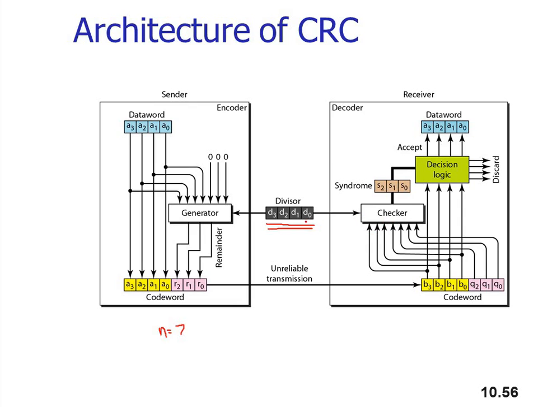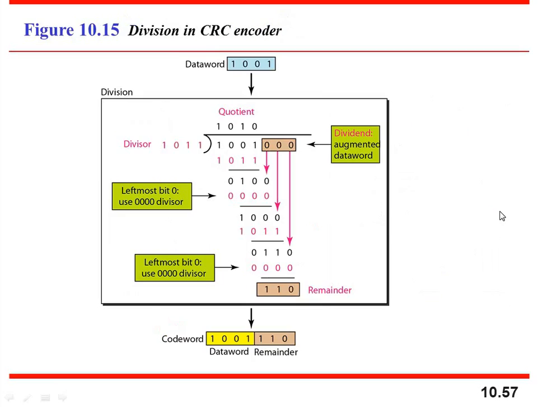The checker uses the same divisor key, and if you get a syndrome of 000, that means the code word you have received is the correct one, and the decision logic will accept the code word. Else, if the syndrome is not 000, then it is discarded. Okay, so this is the best example.